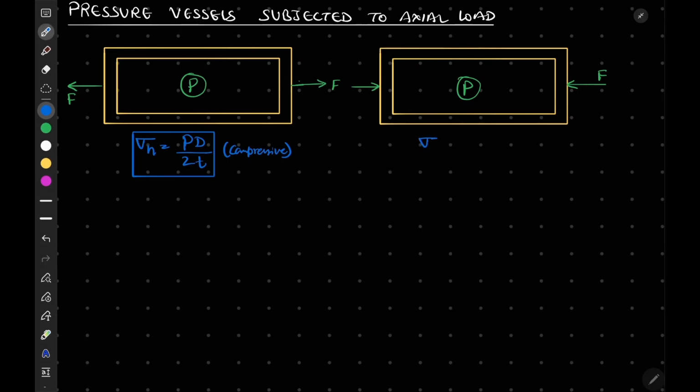So sigma h is equal to PD by 2T, and this is tensile. And this pressure we are talking about is with respect to atmospheric pressure.